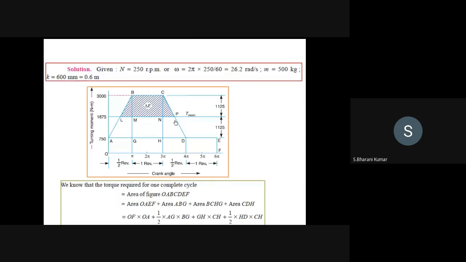This is the calculation. Based on this calculation, you get the value of 11,250 pi Newton meter.